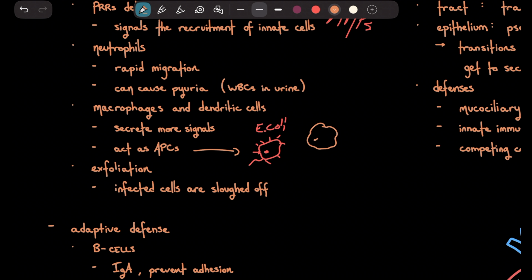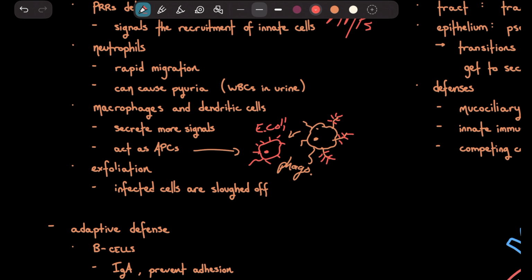And any DAMPs or PAMPs that are secreted in the area also give them the hint that something is causing us harm. All right, so here's my dendritic cell with all of his arms. And he's going to gobble that up. So that's that phagocytosis. All right, and then after the dendritic cell eats the E. coli, it's going to present little pieces of it on its arms.